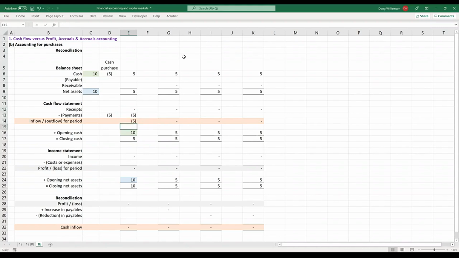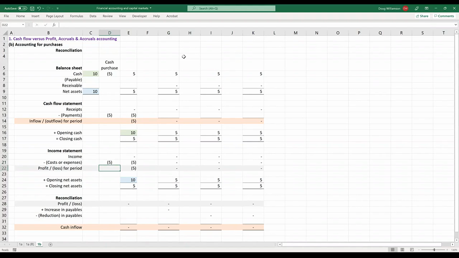So closing cash is minus 5 because we spent 5 of it on expenses this period. And if we spend 5 on things we need or use this period, then we recognize it as a cost.